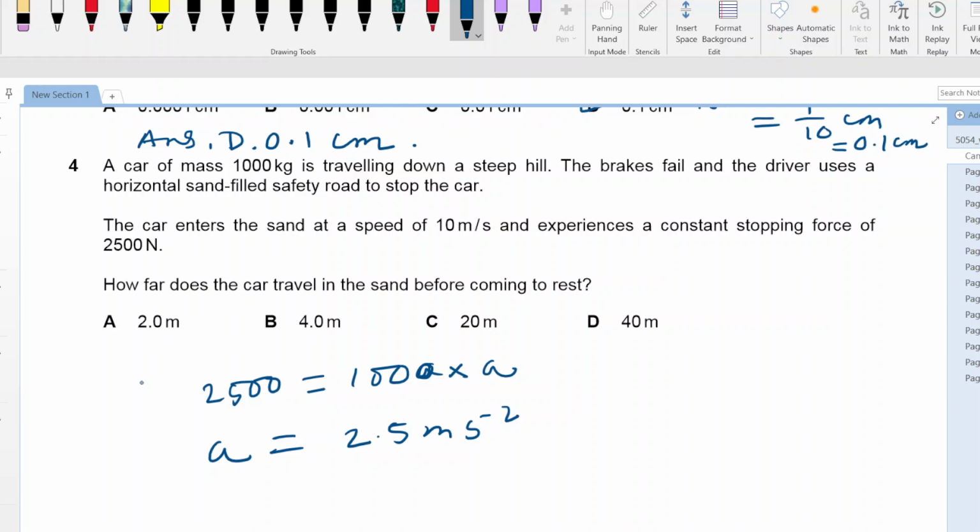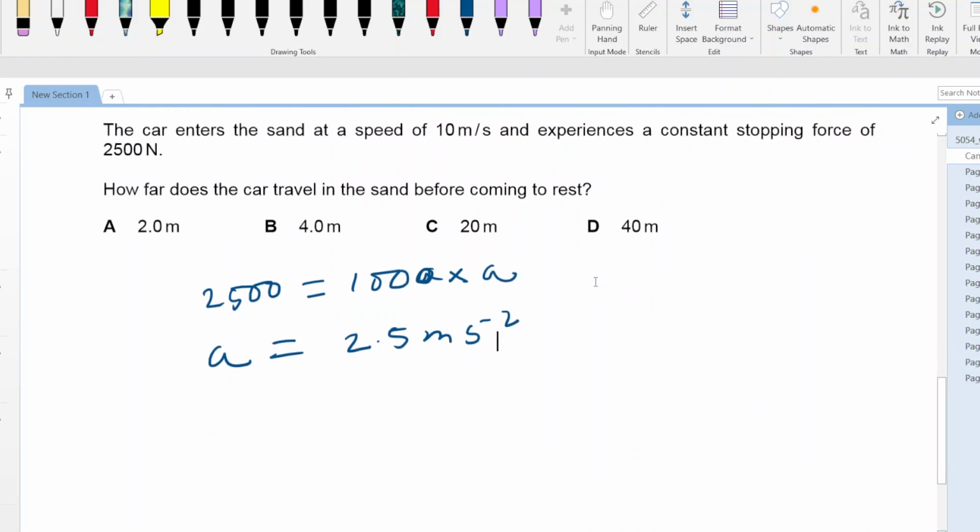This is deceleration. Now we know our formula, that is v square equals u square plus 2as.